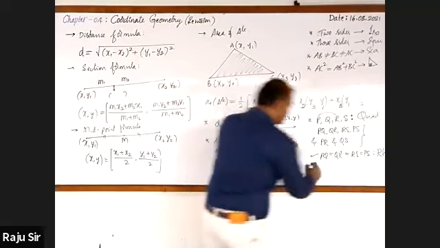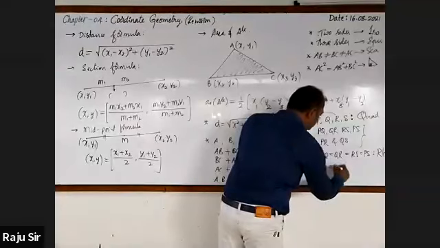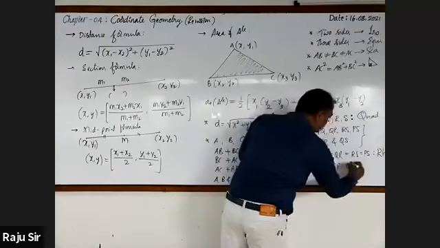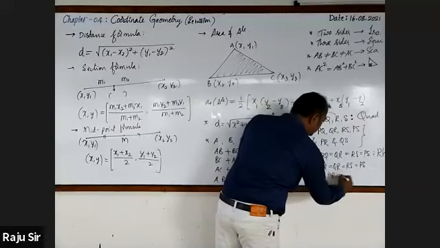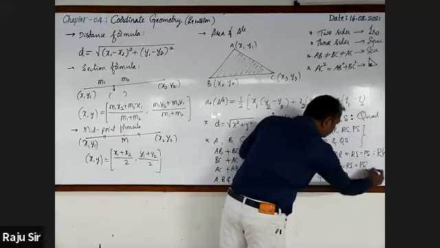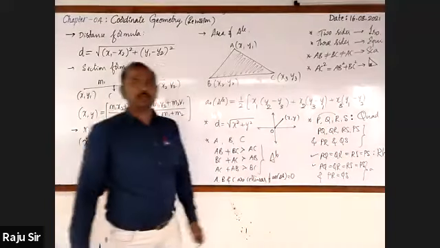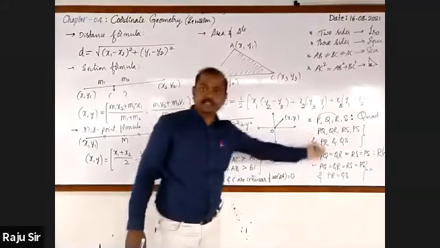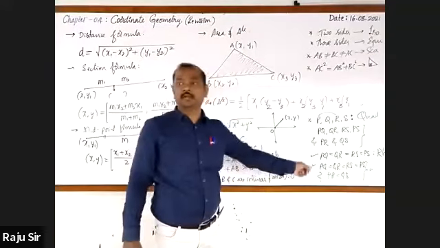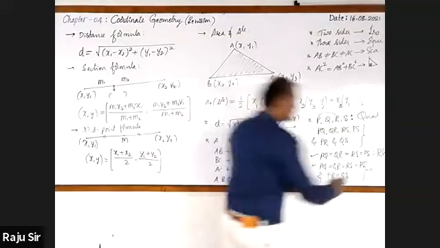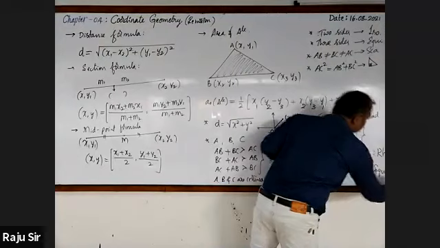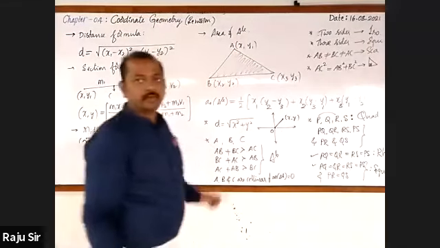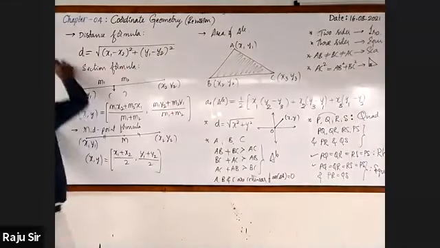Then another case: PQ equal to QR equal to RS equal to PS and PR equal to QS. It is a square. All the sides are equal, even the diagonals as well. Then you can say that it is a square. Follow? Next.